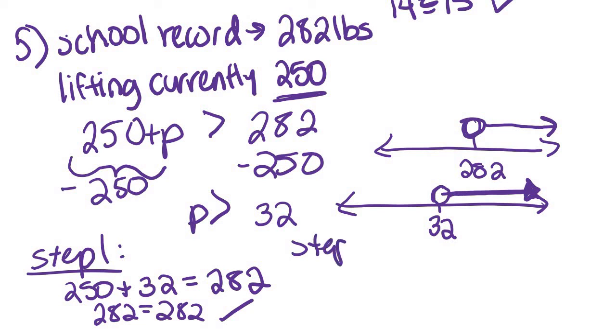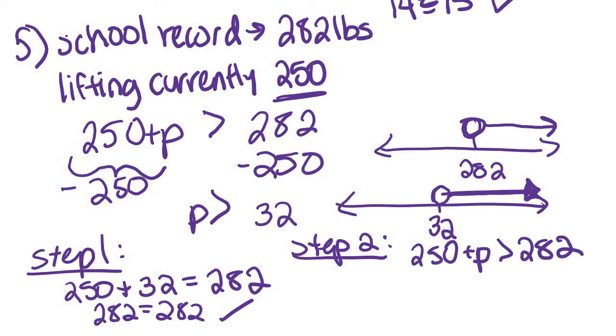That checks out. Step 2, we're going to check the inequality. So 250 plus P, so pick a number less than 32. Let's just go with 30.